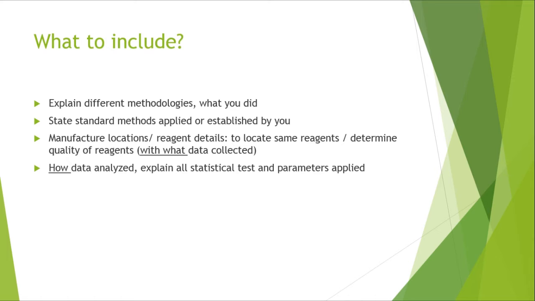You have to mention the standard methods you have applied, whether you have cited a method from other researchers, or designed your own protocol or method to conduct a particular experiment. You have to write on what basis you chose a particular step in that method. For example, you may have seen that your product has protein bound to it and you want to remove the proteins, so you might use a protein denaturation temperature.